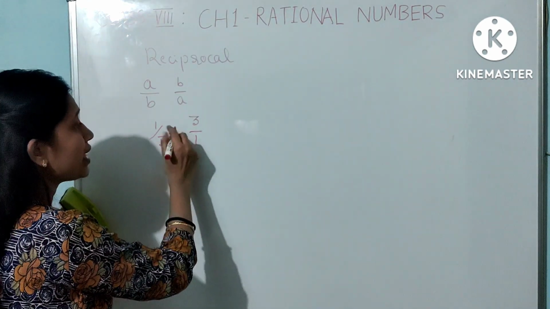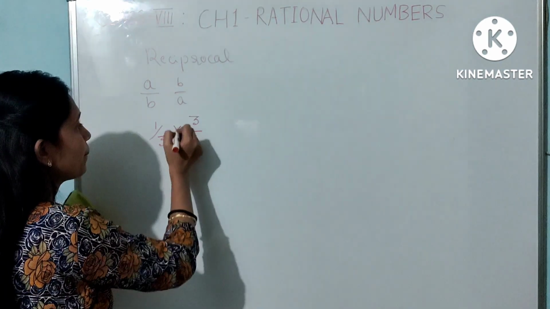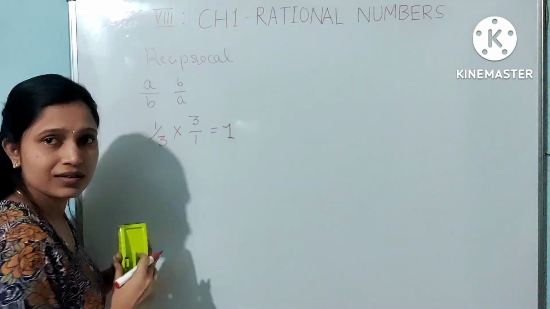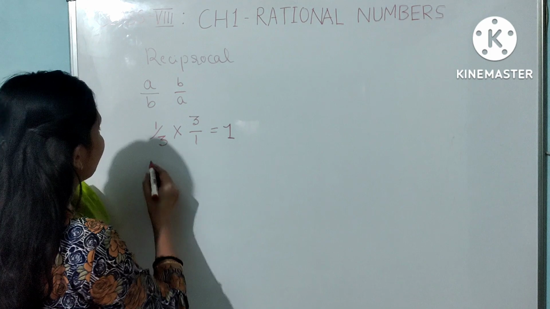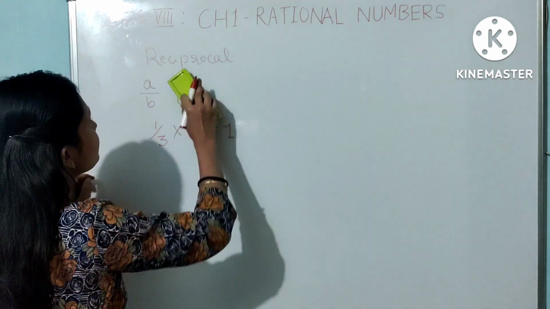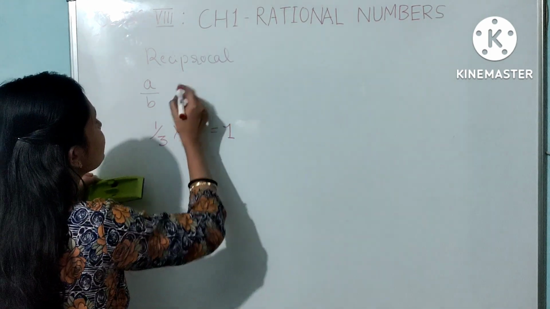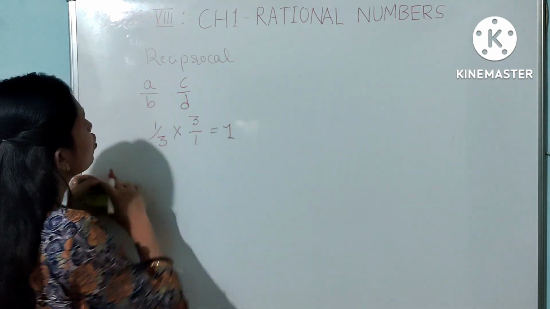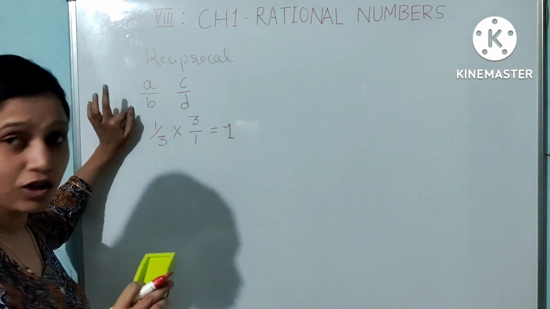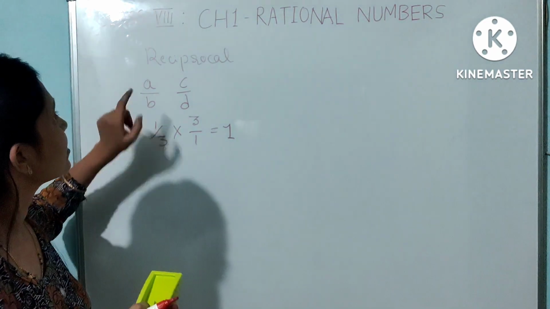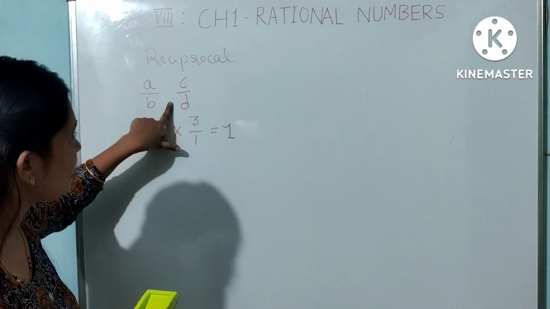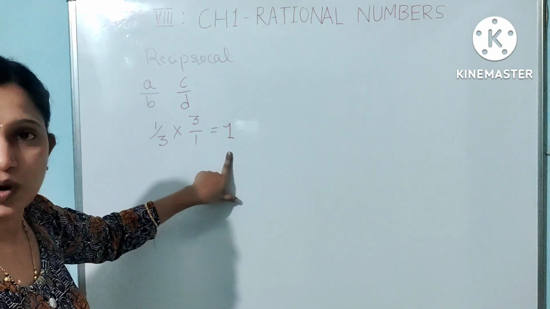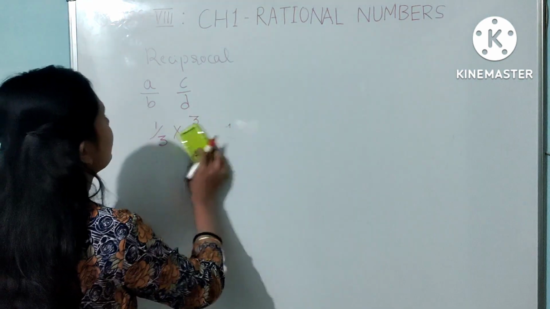If we multiply these two, the answer is 1. Correct? So let's say this is c by d. For a given rational number a by b, there exists a reciprocal, that is c by d. If we multiply these, the product will be 1.